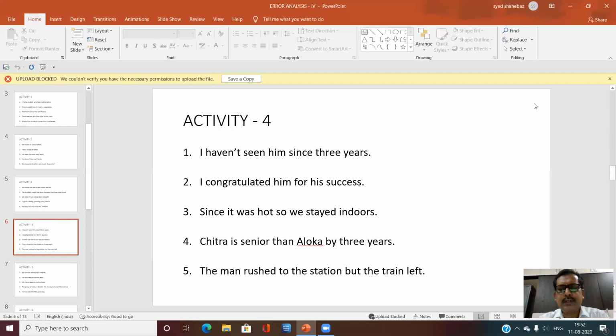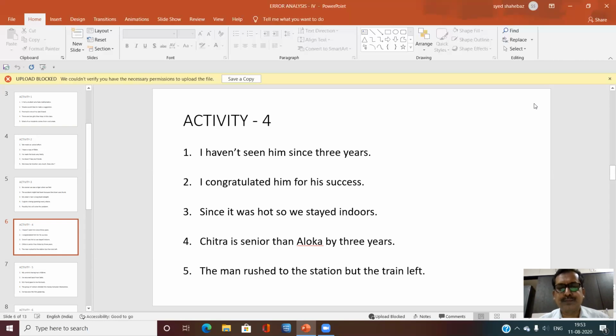After these adjectives, we have to use the preposition to, but not than. So this is a typical mistake committed by the students. Chitra is senior to Aloka by 3 years.